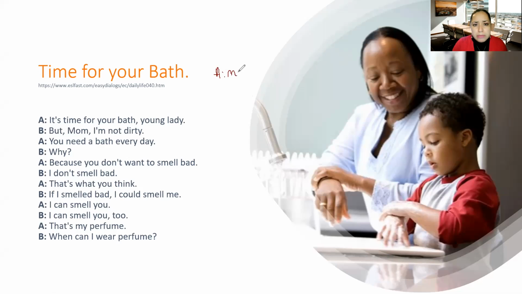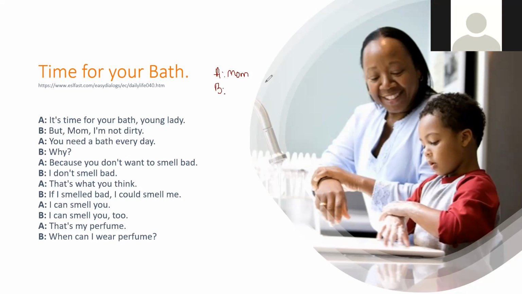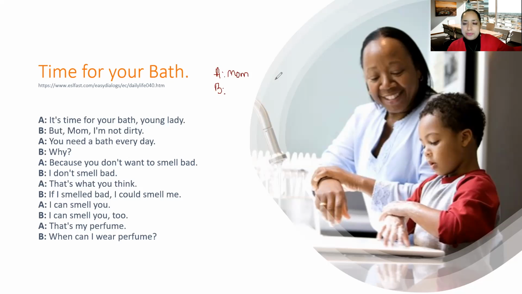We can have A, which is a mom. I would prefer to have one of the girls from this class, or we can have one of the boys, but it's fine. We can have a boy in B. Who's going to be A?